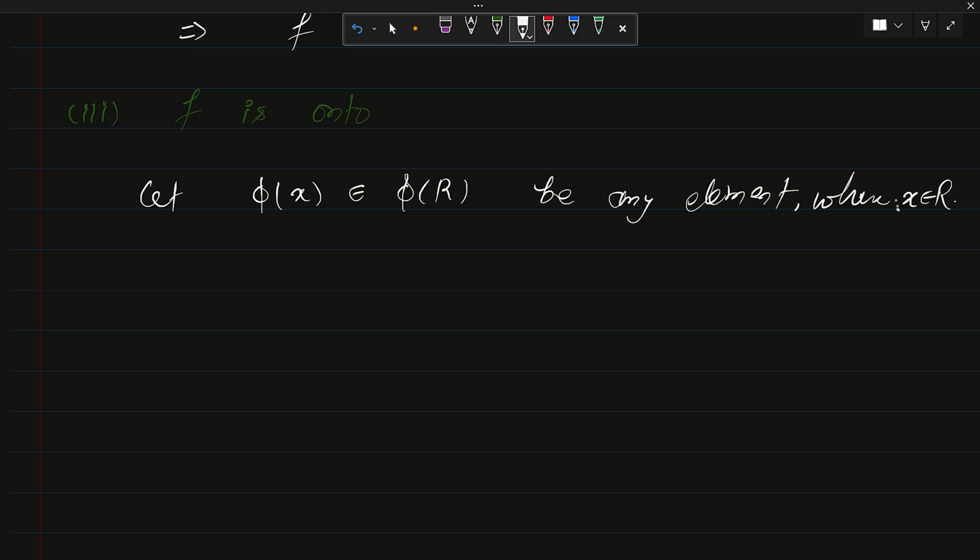बट जैसे ही हमारे पास x एलिमेंट आया, then we can define the element from r upon kernel of phi.